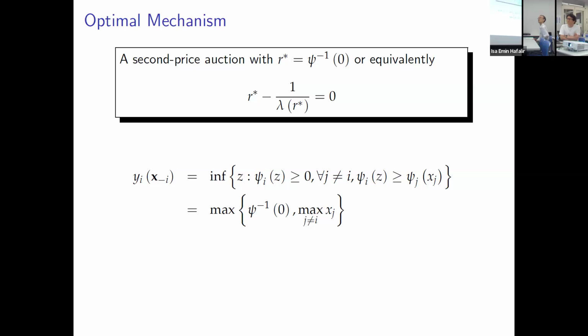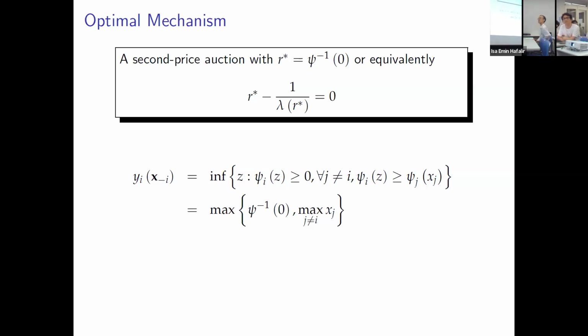So it turns out, and of course this also depends on the mild assumption that the virtual value function is increasing. When the virtual value function is not increasing, we cannot immediately apply this.